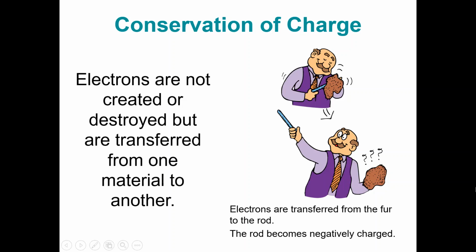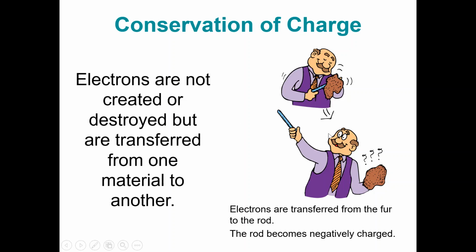So here we have a picture of this guy. He's got what we call a glass rod, and he's got a piece of fur. Fur is known to let go of its electrons very easily. So we use fur in our labs a lot with electricity.